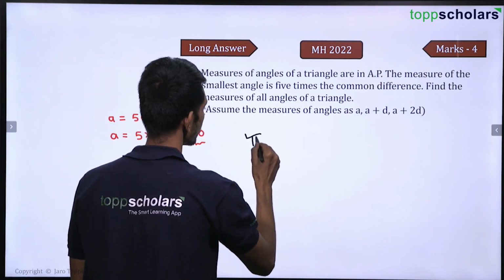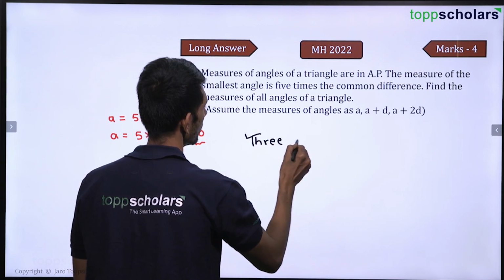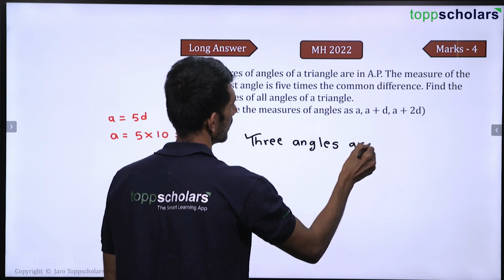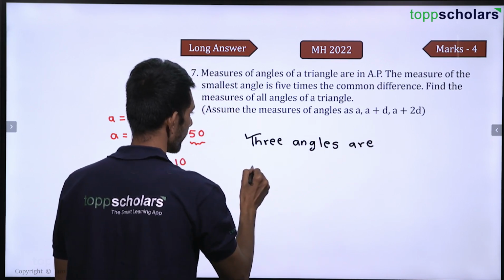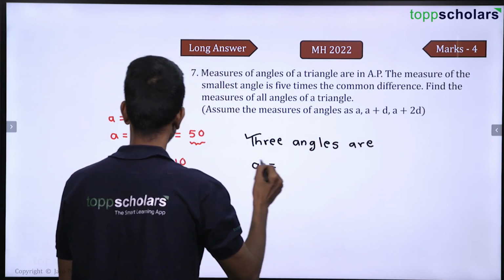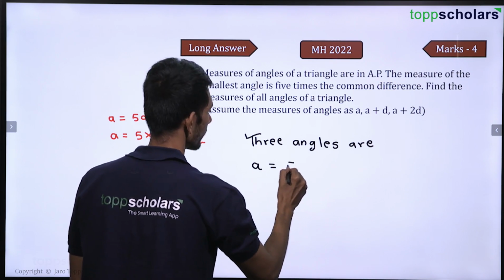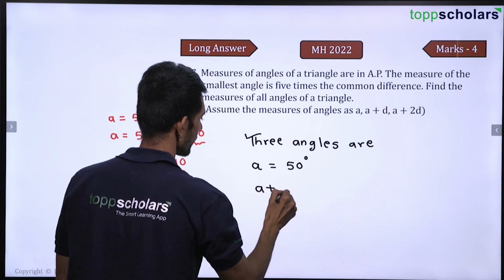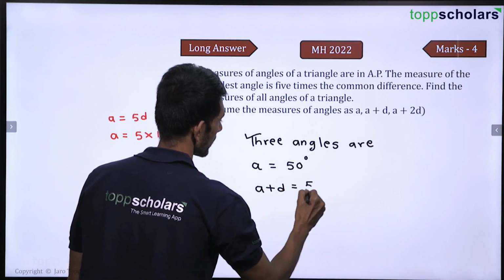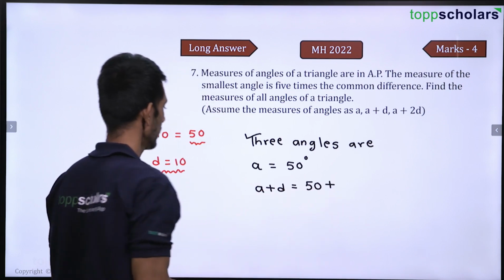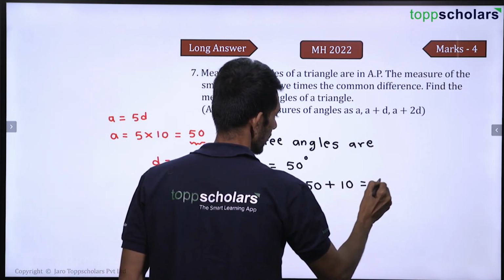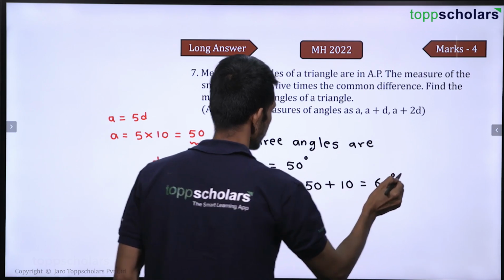The three angles are: one is A, which is nothing but 50 degrees. Another one is A plus D, that is 50 plus 10, that is 60 degrees.